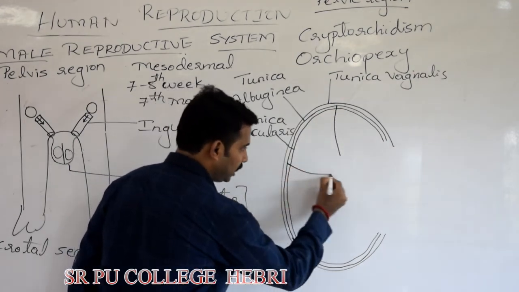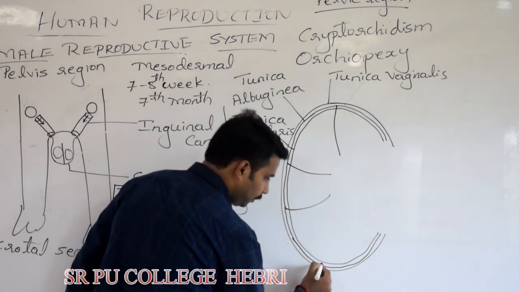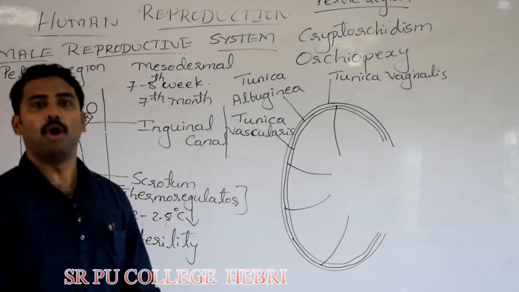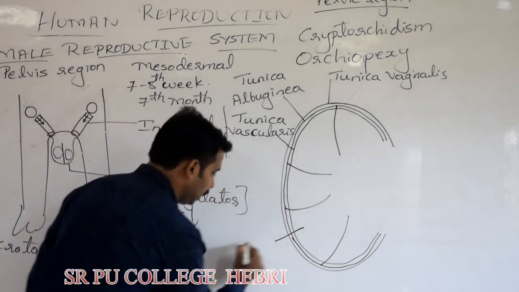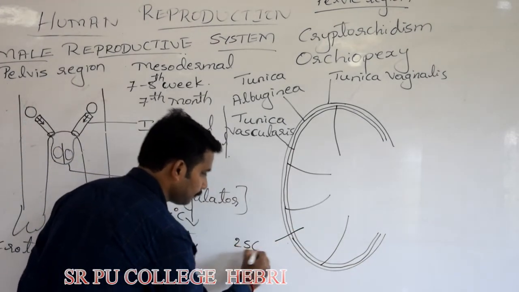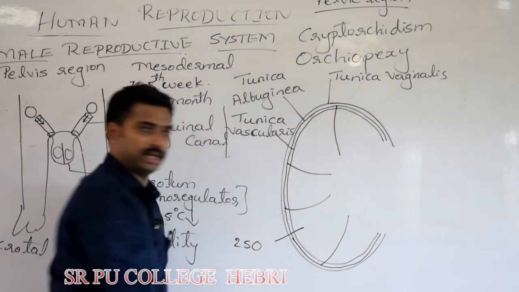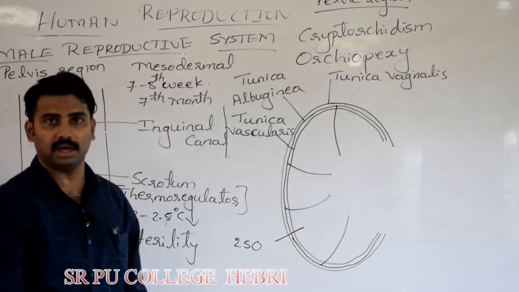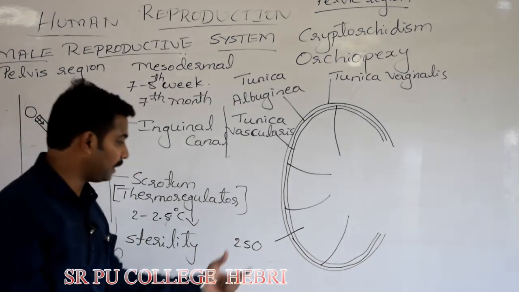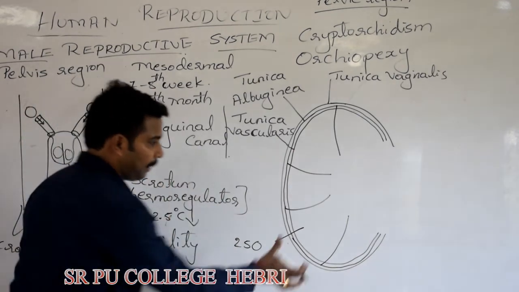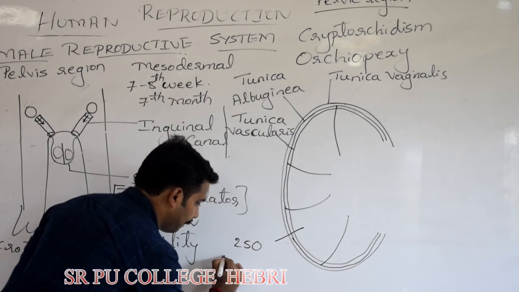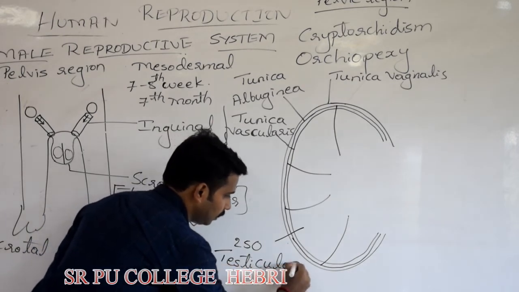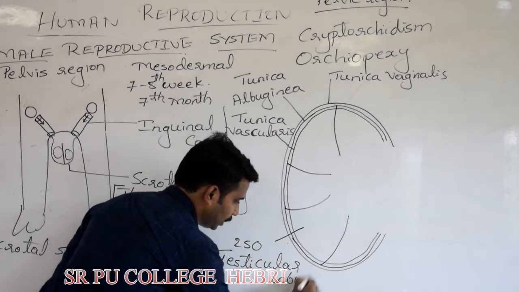Tunica albuginea will infold and form 250 compartments inside each testis. Due to the infolding of tunica albuginea, how many compartments are formed? 250 compartments, and each compartment is called testicular lobule. 1 mark question.